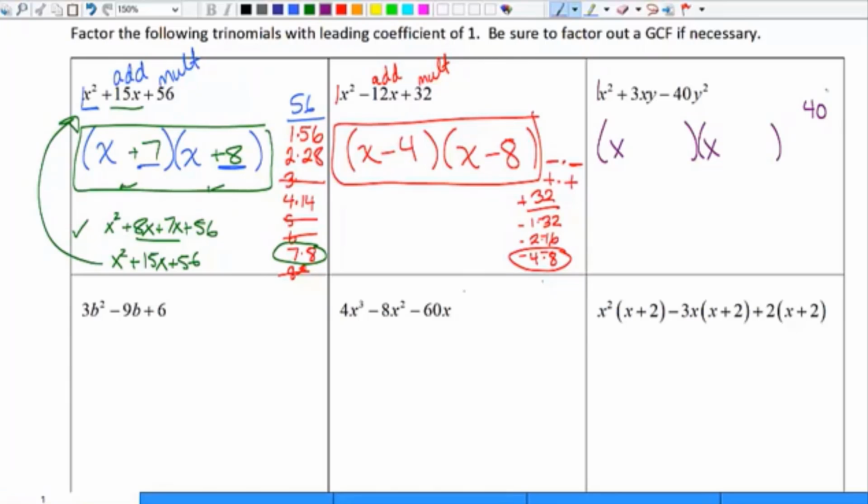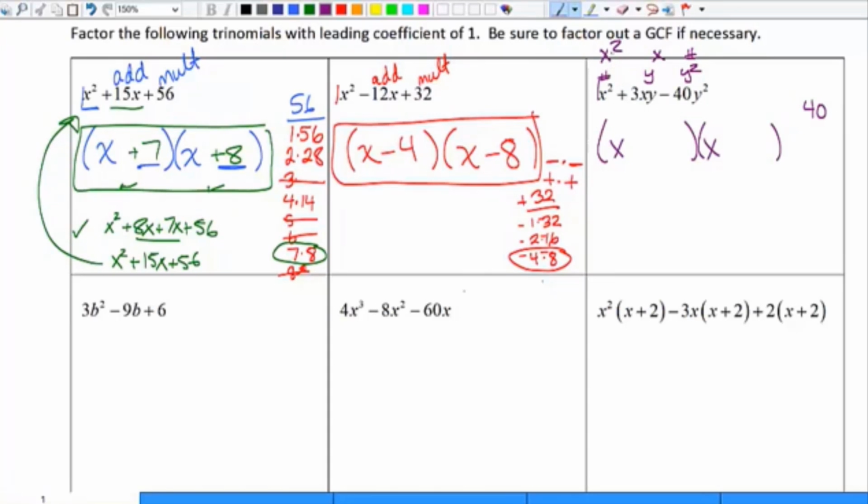Now this one's a little bit different because we have a y squared in the back and an x squared in the front. And in the middle term we have an xy. Well, notice that my x terms are going down nice and neatly. I have an x squared and I have an x, and then I have no x's, just a number. Similarly, my y's are going up nice and neatly. So I have no y's on the first one, y on the second one, and two y's on the third term.